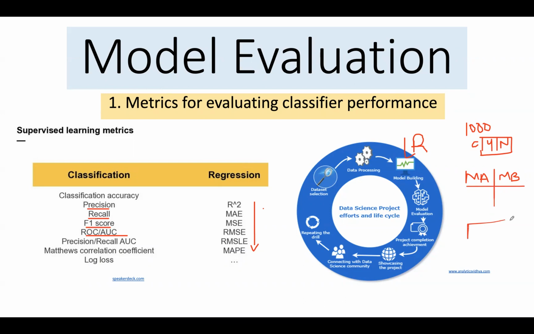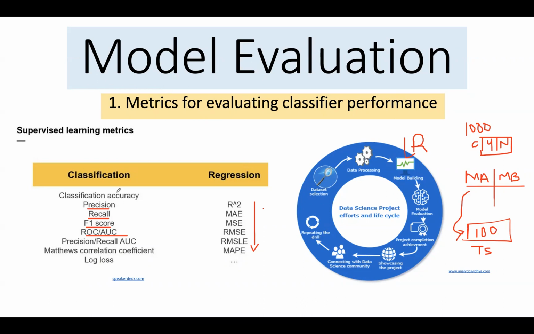Then, for example, we use a test set. And this test set, let's say, has 100 samples, right? So the first thing we want to do is to evaluate this model on this test set.